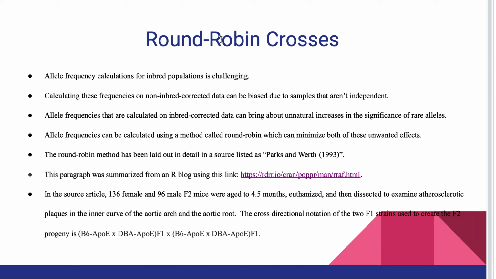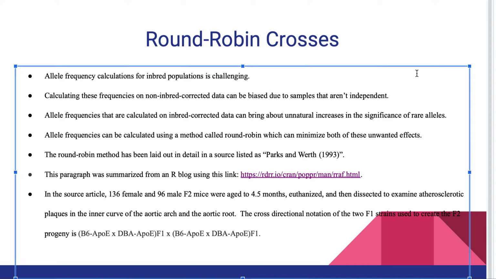And with round-robin crosses, the round-robin crosses are done because allele frequency calculations for inbred populations can be very challenging. Calculating these frequencies on non-inbred corrected data can be biased due to samples that are not independent.